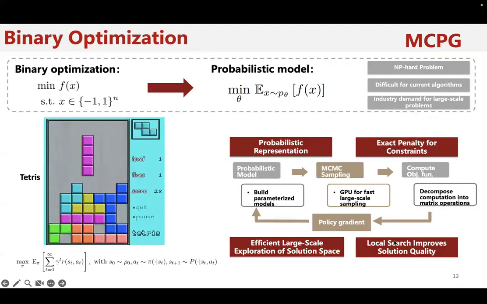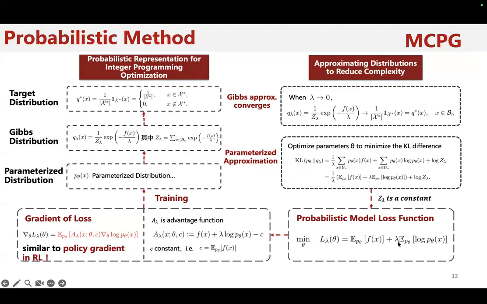The second term is called entropy, so this is regularization. So this is exactly the same as other machine learning problems: we have a loss function, and we have a regularization.